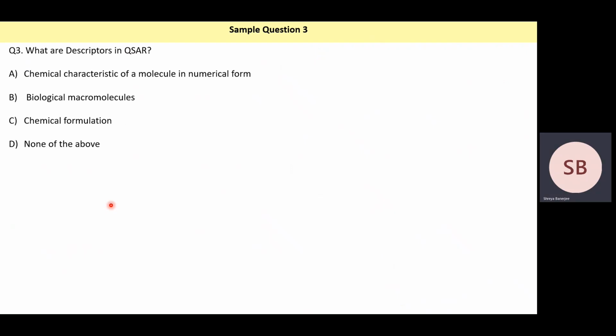The next question is, what are descriptors in QSAR?